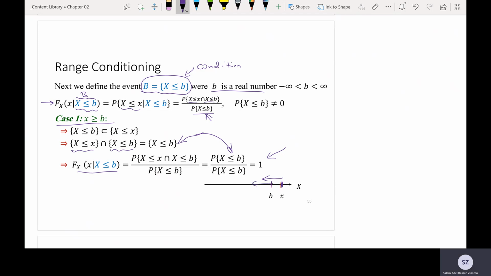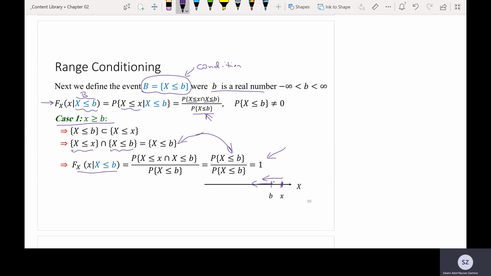It's certain, right? Given, I already observed that X is less than B. So what is the probability that X is less than a larger number? It's certain. Given X, the whole new sample space, from minus infinity to B, is the new sample space. And because of that, the probability that X is less than a number x becomes 1.